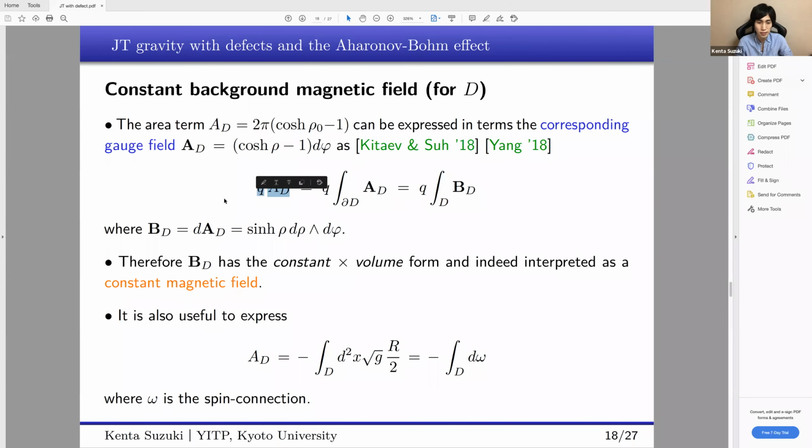And then this area contribution can be written in terms of the boundary integral of this corresponding gauge field. And by Stokes' theorem, this boundary integral can be written in terms of the volume integral of the magnetic field B. So B is given by the exterior derivative of the gauge field A, and this expression gives us sinh rho times d rho wedge d phi.